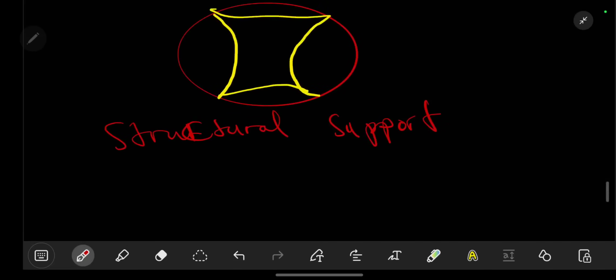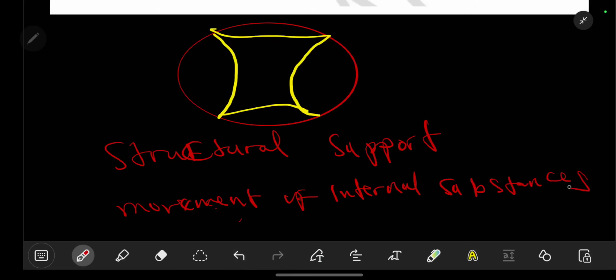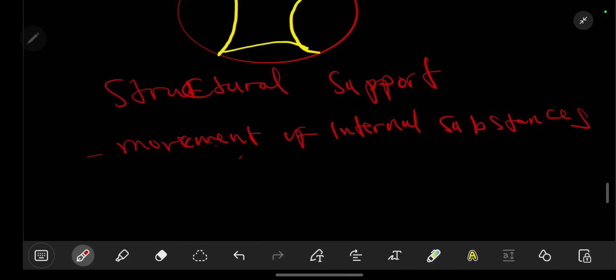Then number two, it helps in the movement of internal substances. Then number three, it helps in the movement of the entire cell.